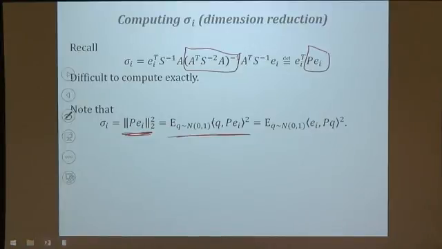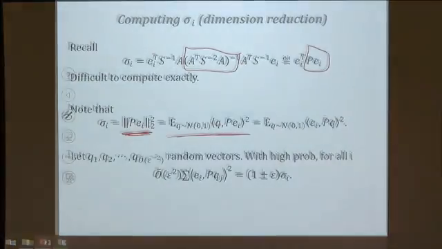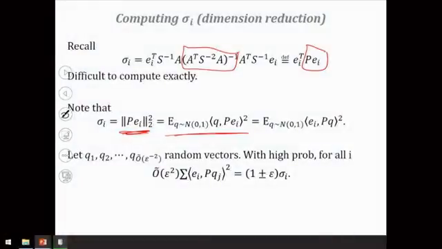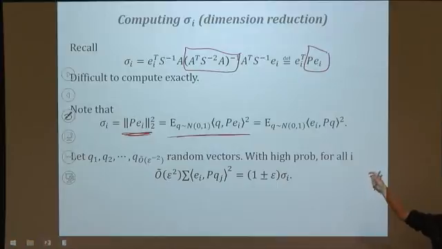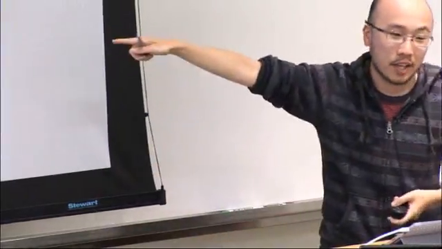You can estimate the P e_i by testing it with random vectors, and it turns out if you pick something like polylog many random vectors, you can estimate all sigma I within some multiplicative constant. So which is good. That means we only need to solve polylog many linear systems to approximate the sigma I.